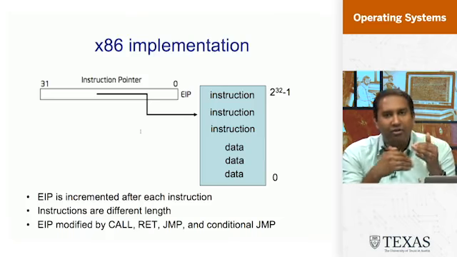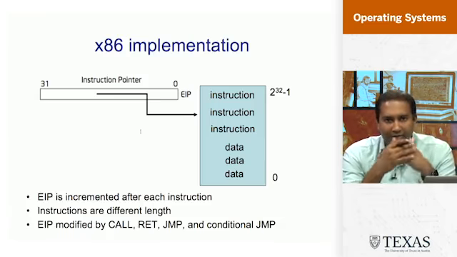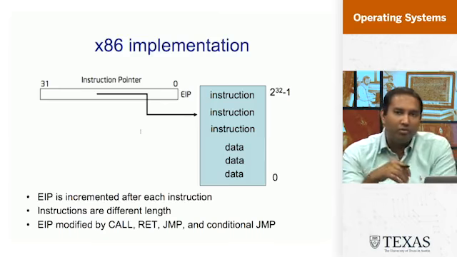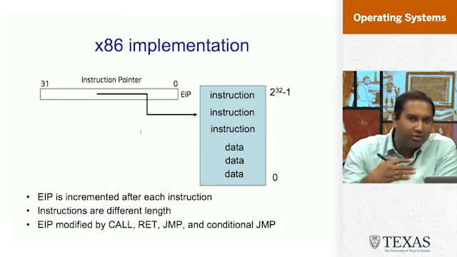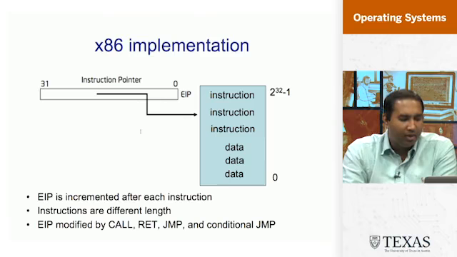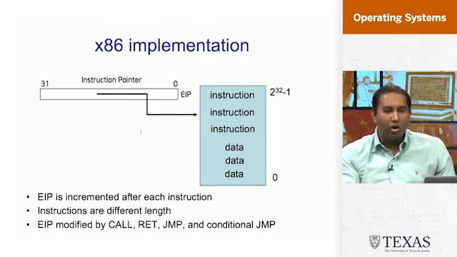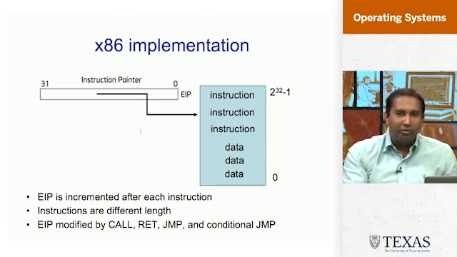We call this a set of registers, a certain number that your processor can access at high speed. One of these registers is called EIP, the extended instruction pointer. The instruction pointer keeps track of which instruction to execute next. Every time you execute an instruction, the instruction pointer is incremented. And every time you do a call, which means you're calling a different function, or returning from a function, or jumping to a different point in the code, for example using goto, these all change the instruction pointer, right?